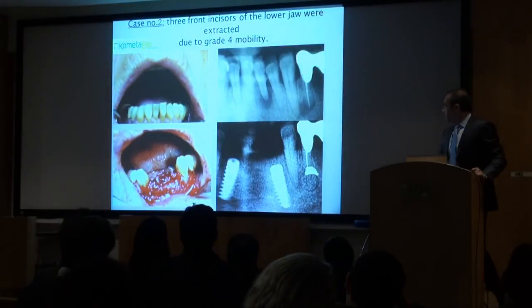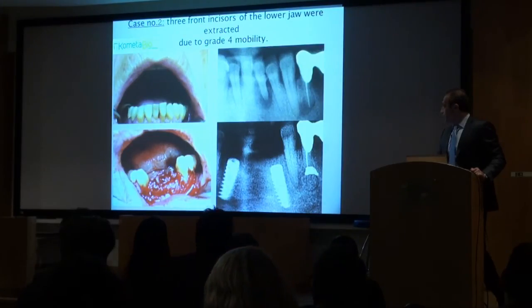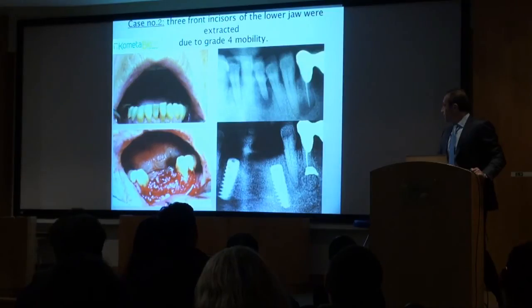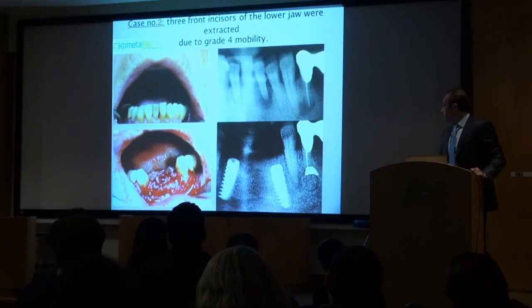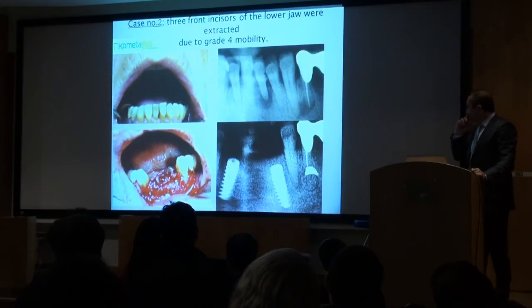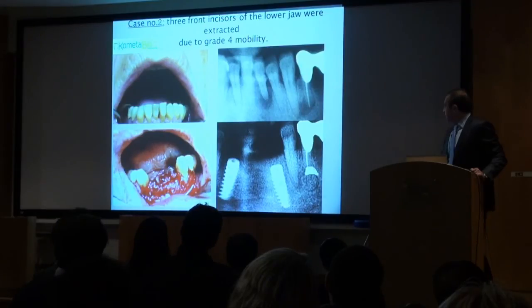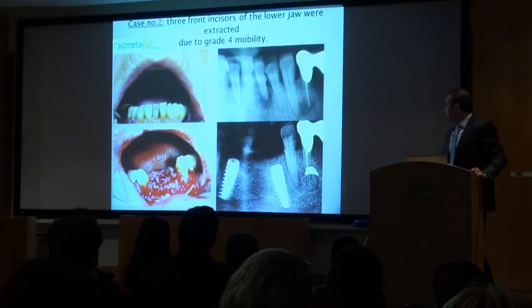This is another case, also periodontally involved lower incisors. And here, in addition, you can see a periodontal abscess and radiolucency, which is also an endoperiodontal lesion, which, like a cyst, also involves the canine.